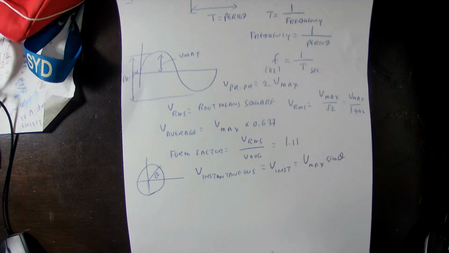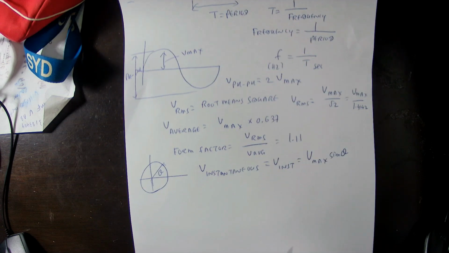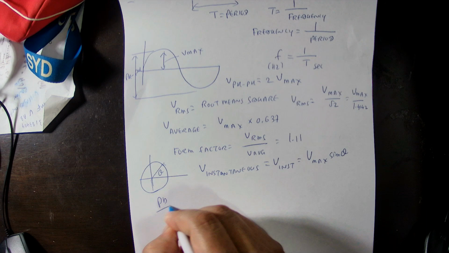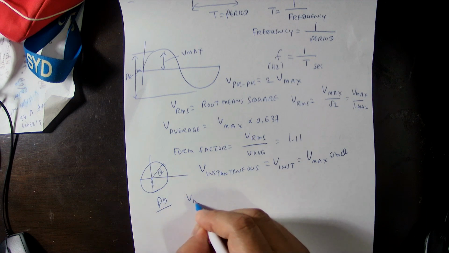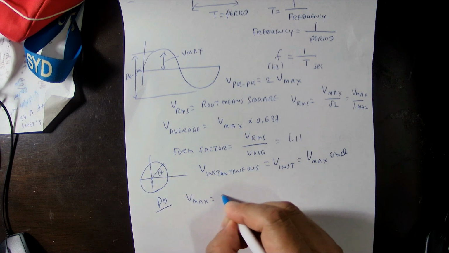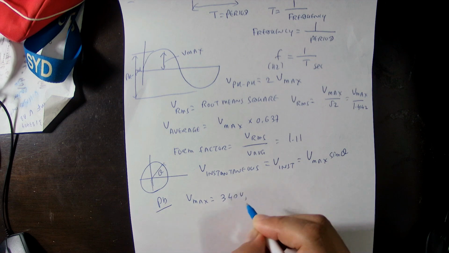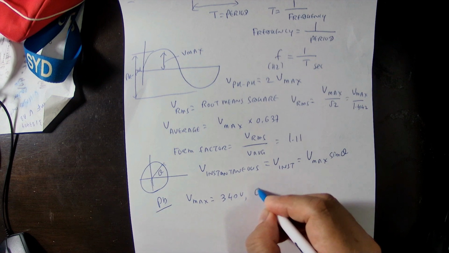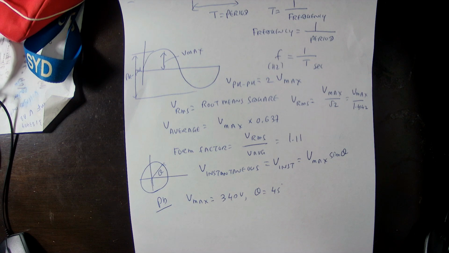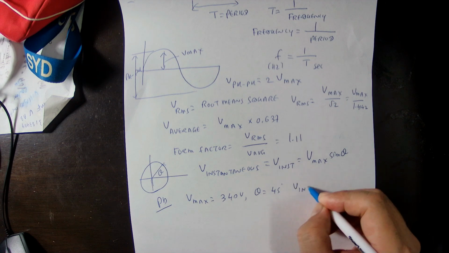Now let us solve one problem. Voltage V maximum is given as 340 volts. Angle theta is given as 45 degrees. We need to calculate the V instantaneous value.